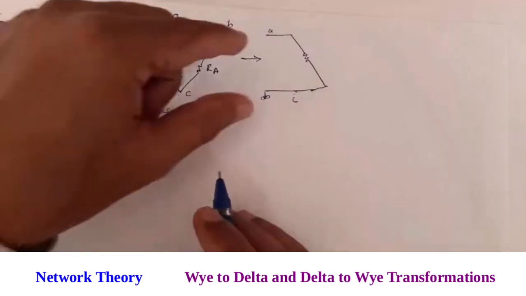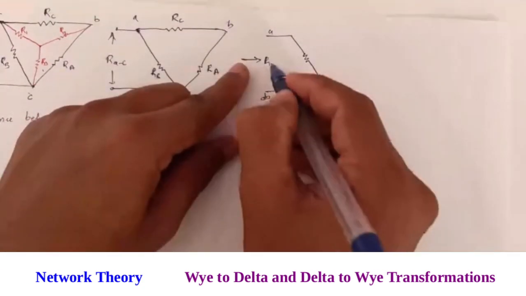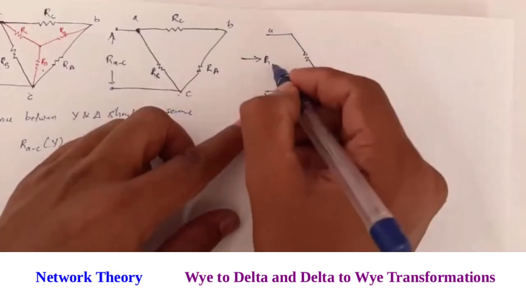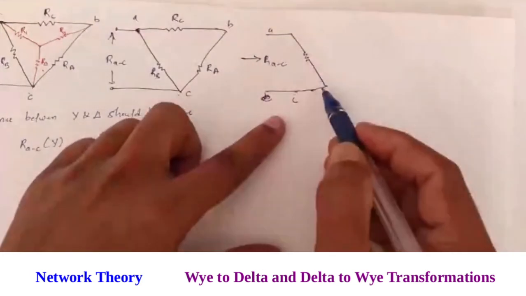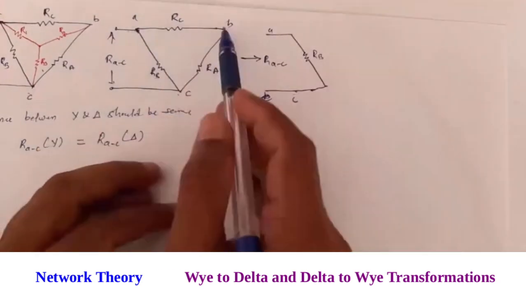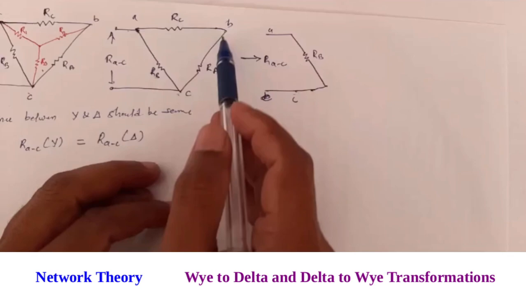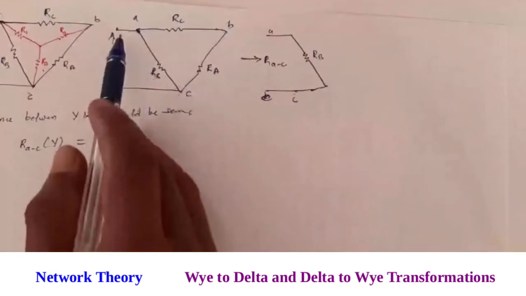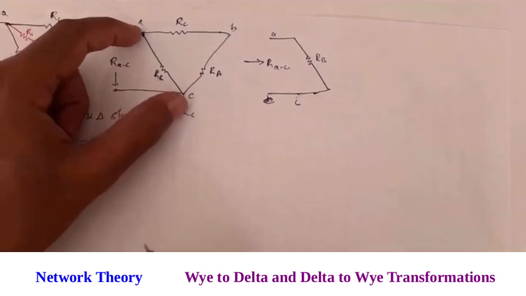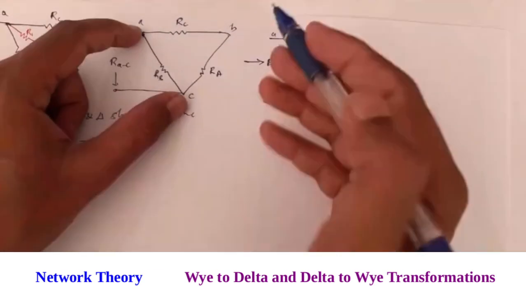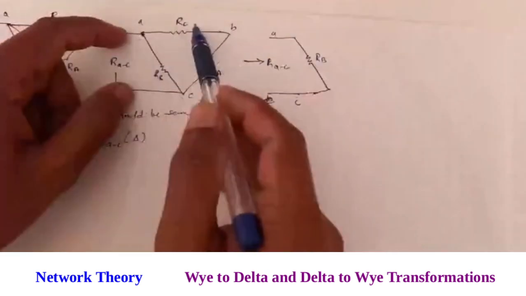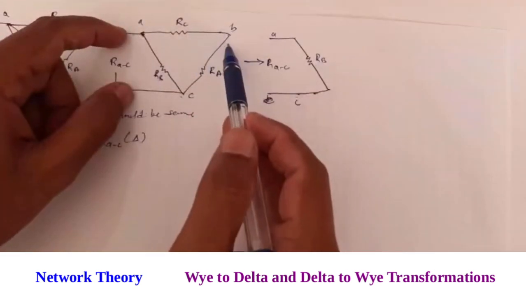Now, to find the resistance RAC between these two terminals, this is RB, and these two resistors are now in series. I want to find the equivalent resistance between these two terminals. When I reduce the total network between these two terminals, whatever current I send here will pass through this.